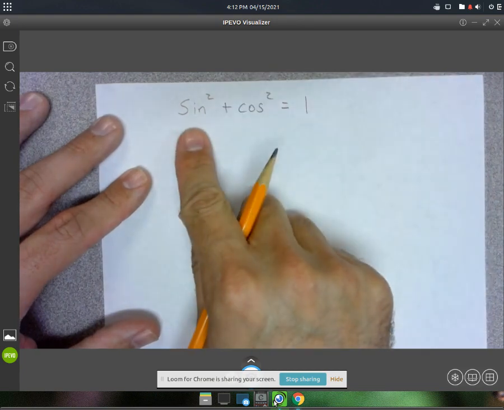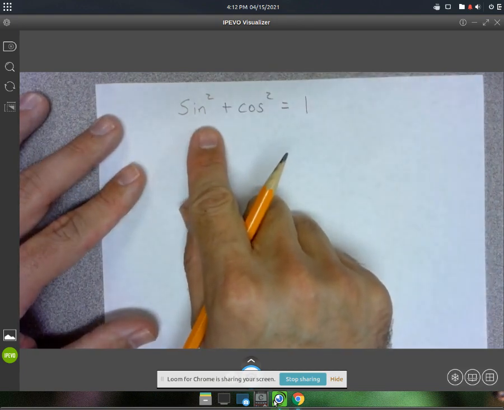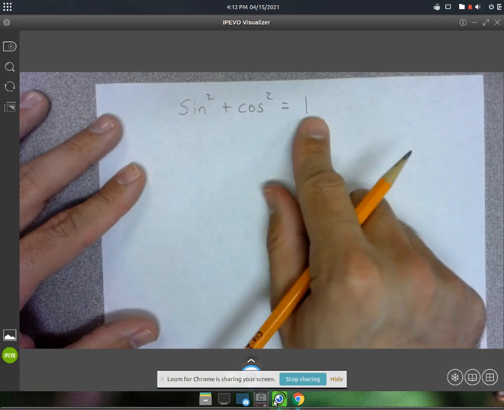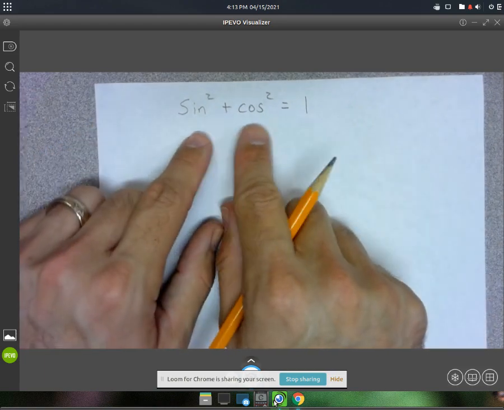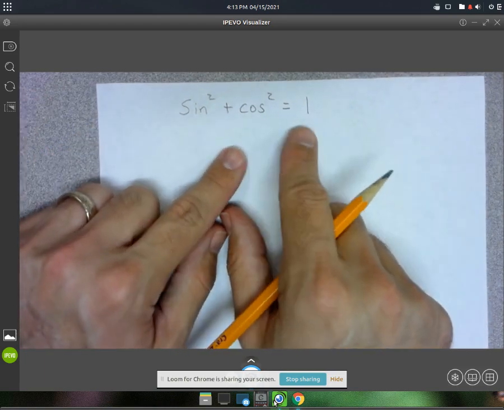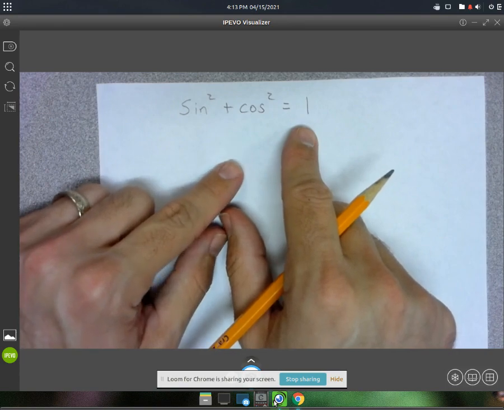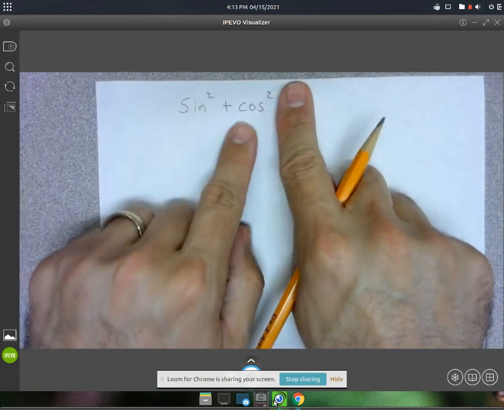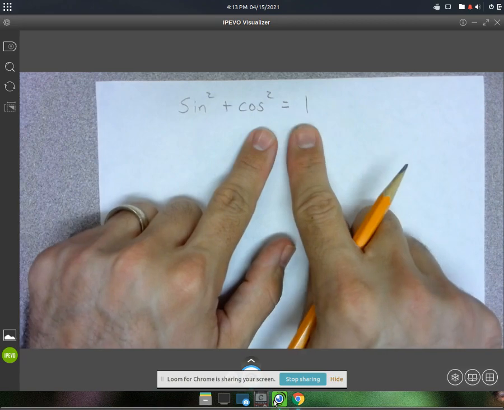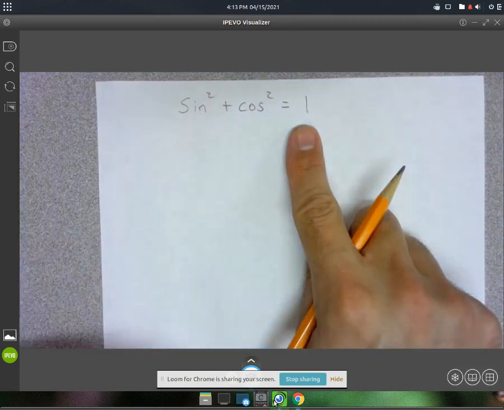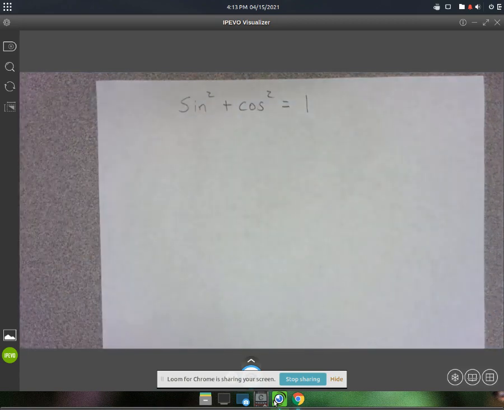This is called a Pythagorean identity, and this is always true. They kind of slip questions in that have something to do with this all the time. And if you don't know that sine squared plus cosine squared automatically equals 1, you'll overlook it. So it's a real simple identity, honestly, a real common one.